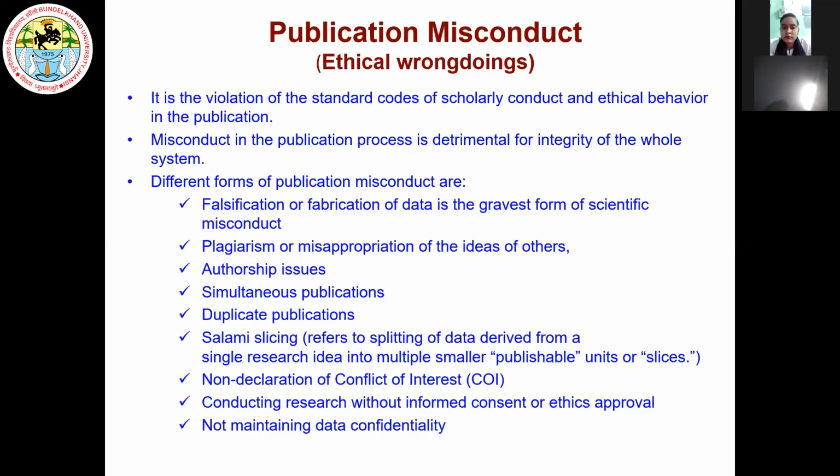So this is known as salami slicing. Then sometimes non-declaration of conflict of interest, this is also one of the misconduct. Then conducting research without informed consent or ethics approval, or not maintaining data confidentiality. So these are some of the different forms of publication misconduct.